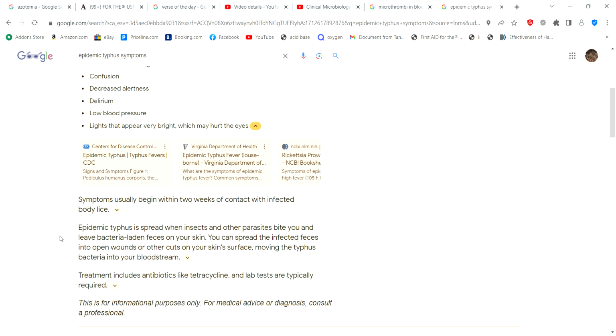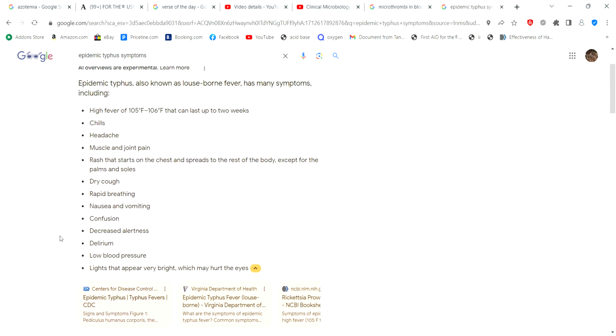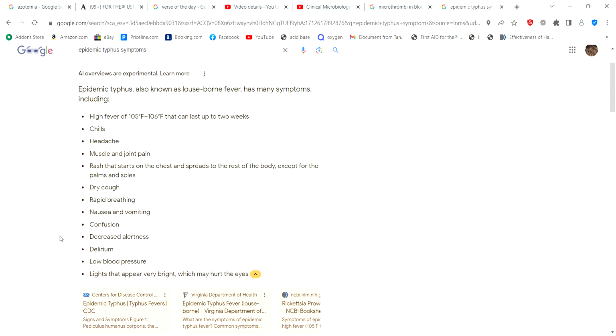All right, so Rickettsia prowazekii can be fatal. This is not typhoid, okay? Typhus is different. It causes a fever that can be fatal, a high fever of 105 to 106.